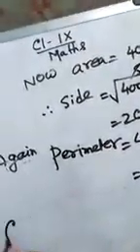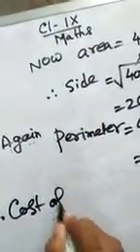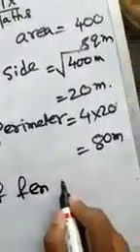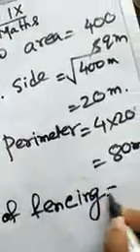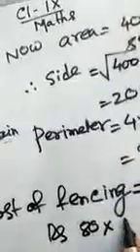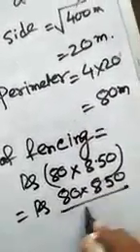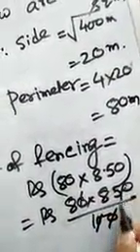So cost of fencing is equal to rupees 80 into 8.50. So again we do rupees 80 into 850 by 100, that this 20 is cancelled here and here.